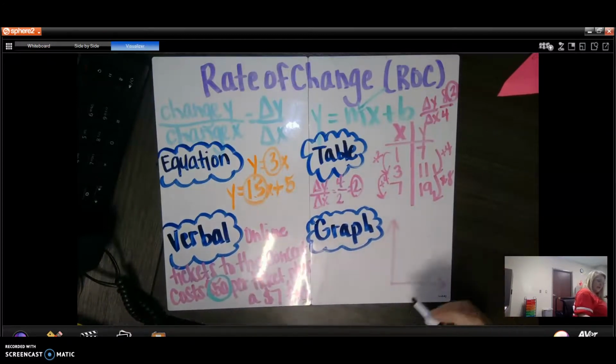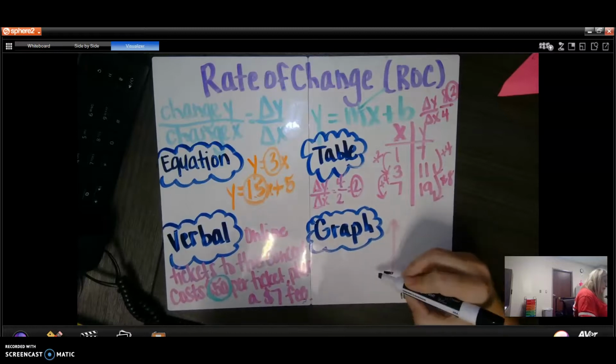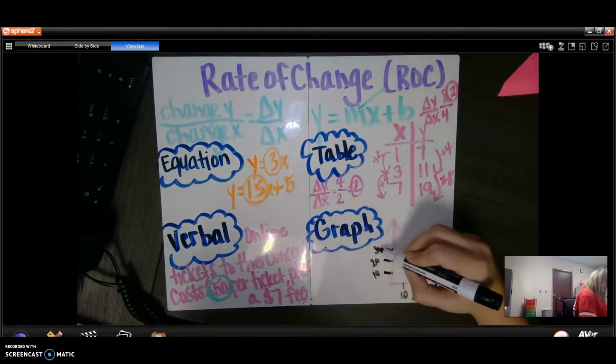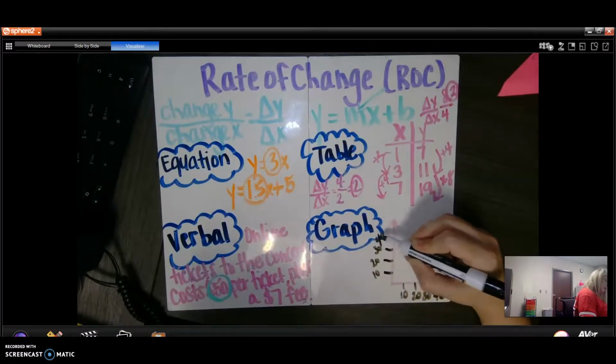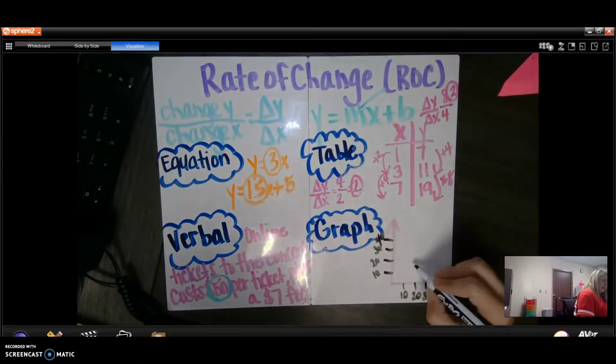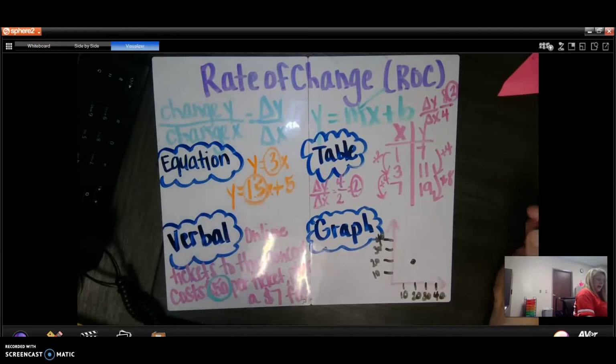So let's say over here we have 10, 20, 30, 40, and the same thing over here. 10, 20, 30, 40. Okay, and let's say we have a point, or an ordered pair, at 20 and 20.